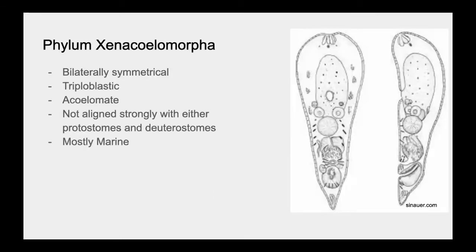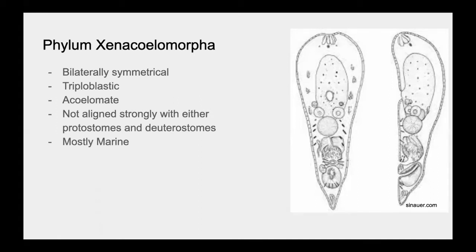To start off, I am going to talk about the phylum Xenacoelomorpha. The phylum would mostly be found in seawater, and they are bilateral invertebrates, which means that it has symmetry all around, and they have mirror images when they are split in half.